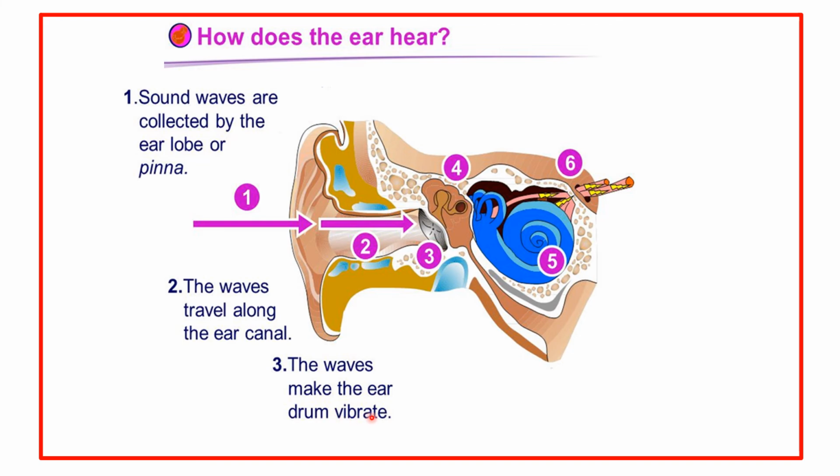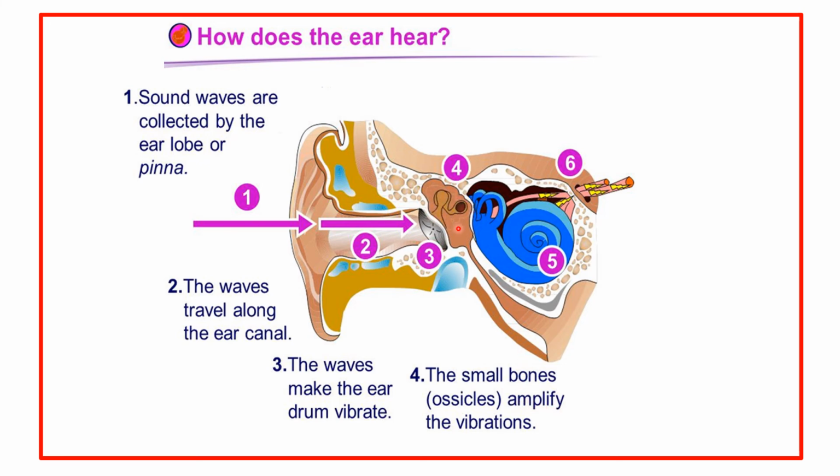We call it eardrum. Now the waves make the eardrum vibrate. So the vibration, because of the energy, is being passed on to our eardrum. And then connected to the eardrum are the small bones or the ossicles. The small bones or the ossicles amplify the vibrations. When we say amplify, it means it makes the sound stronger, or it makes the sound louder.